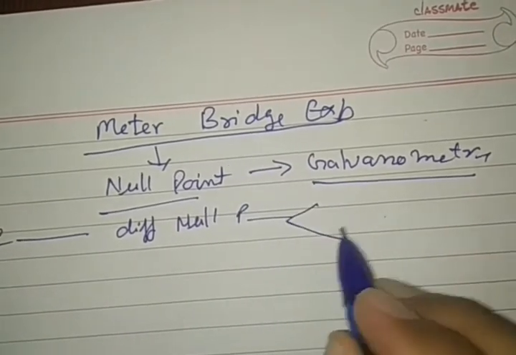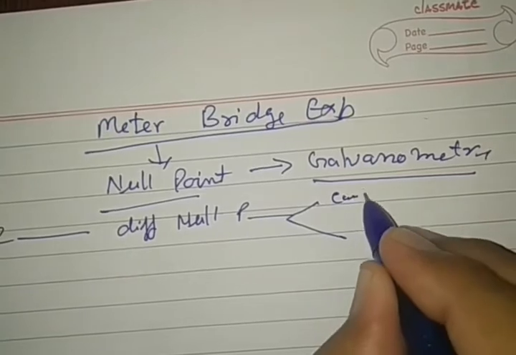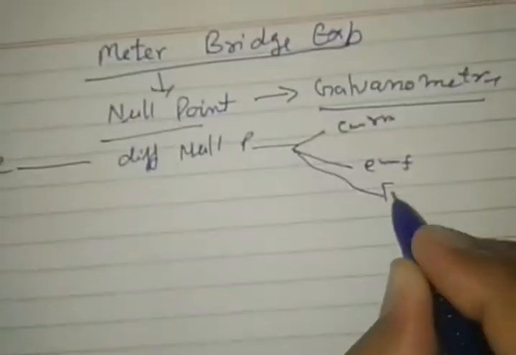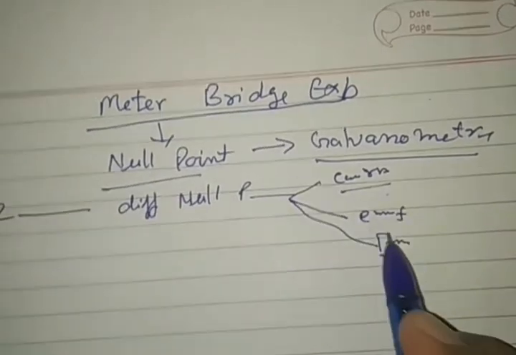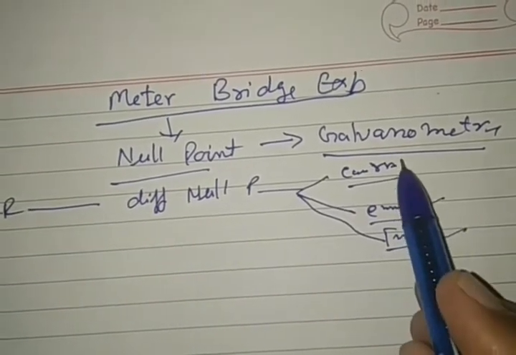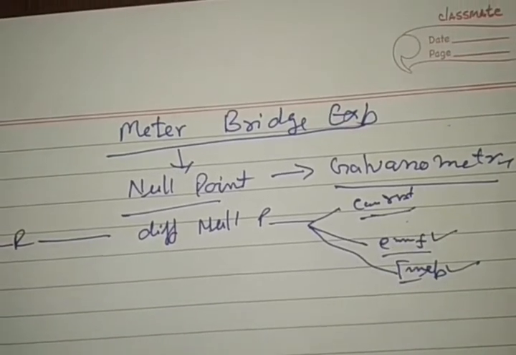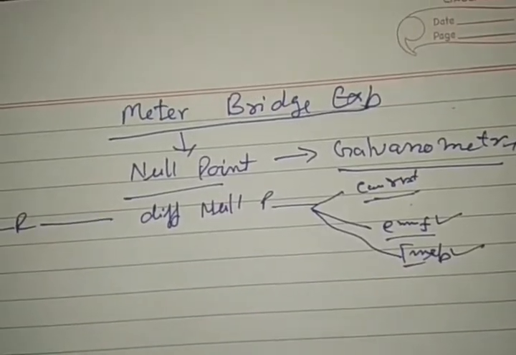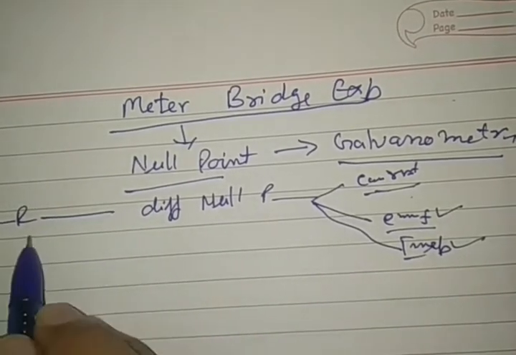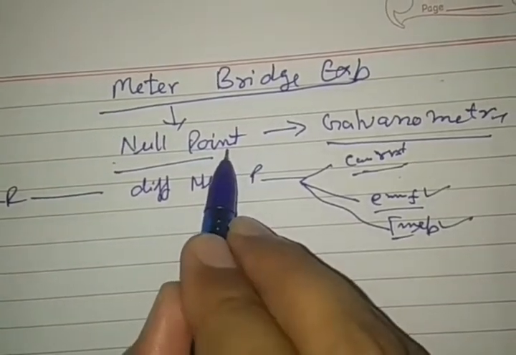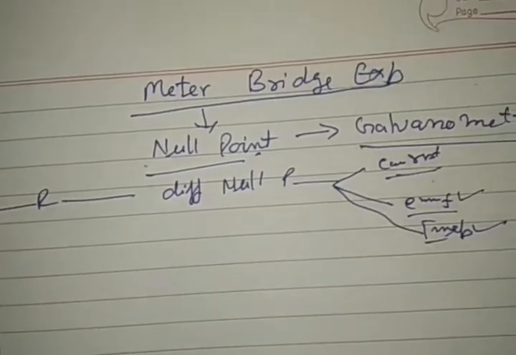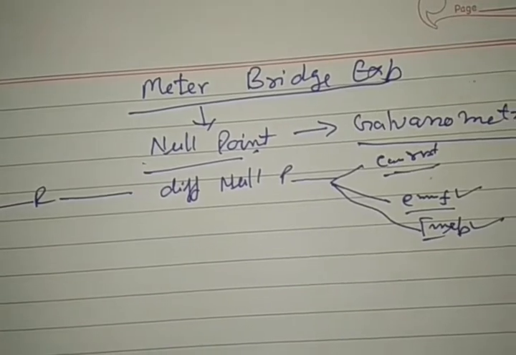It is due to change in current, EMF of the cell and temperature. A small change in these conditions, temperature, EMF and current flowing in the wire of the meter bridge, gives a different null point. It is due to the small change in the condition of the experiment.